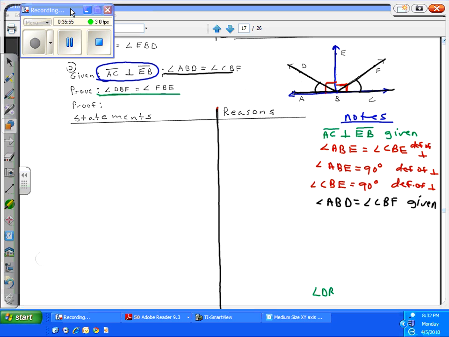Now we're going to take what we're trying to prove, and we're going to make it the very last statement in our proof. Angle DBE is equal to angle FBE, and we need a reason for that.